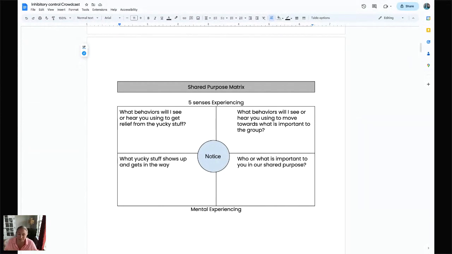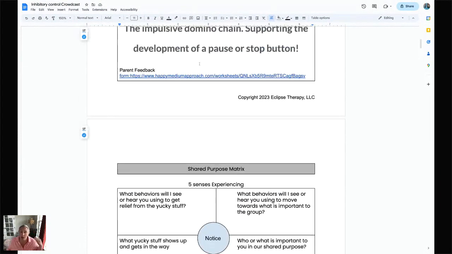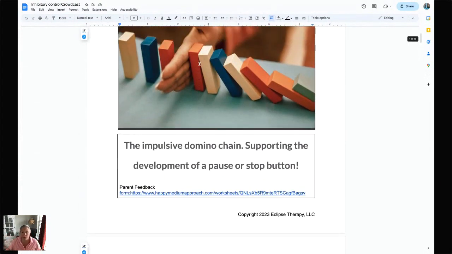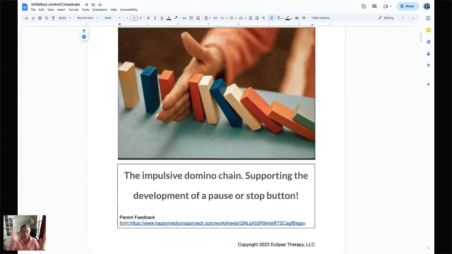So today we're talking about that impulsive domino chain, right? Where it's so hard to stop once it starts. How do we develop that pause button, that stop button, that real true problem solving, or giving ourselves the time to support problem solving?